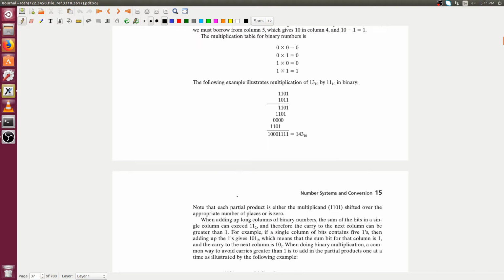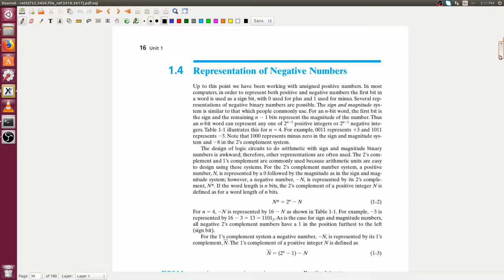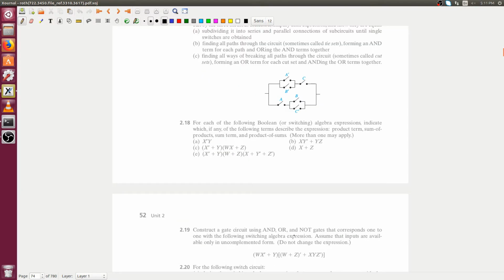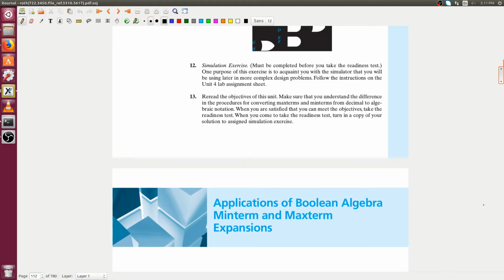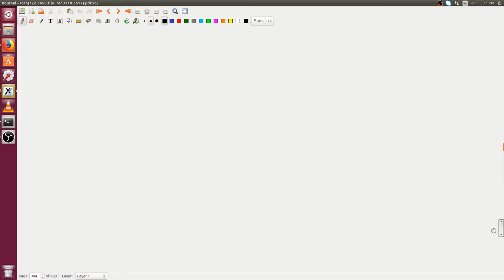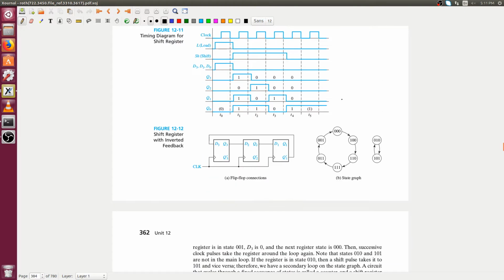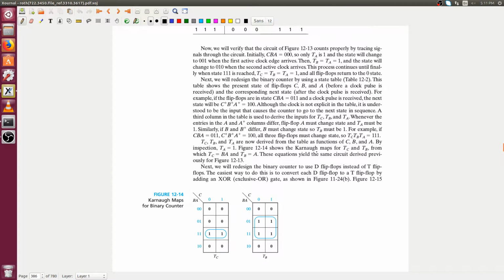So you go over basic stuff, computer arithmetic, some basic stuff on binary, some basic stuff on logical gates. What else do they have in here? Some stuff on Boolean algebra. And then they get into actual timing diagrams and state machines and state graphs. So that'll be pretty interesting. Yeah, it's pretty easy to do.